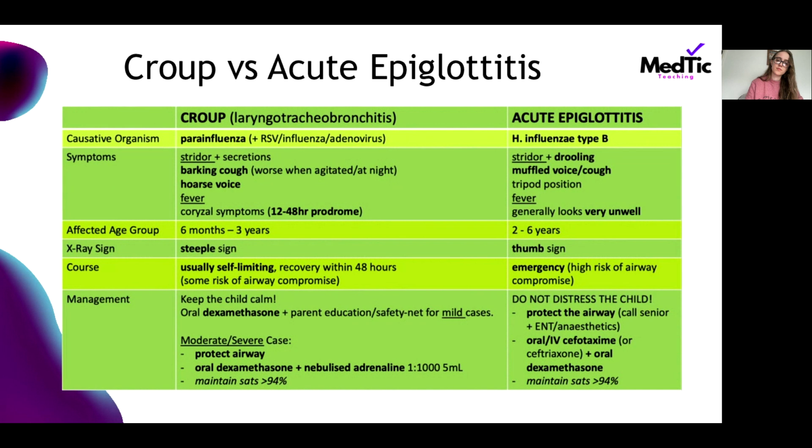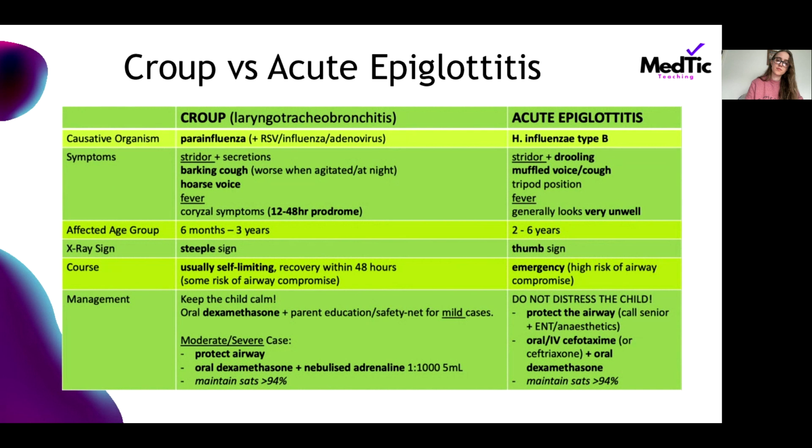Do not do an ENT examination for either of these cases. For the croup you're going to give dexamethasone, whereas for the epiglottitis you're going to give antibiotics as well as dexamethasone because it's a bacterial infection.